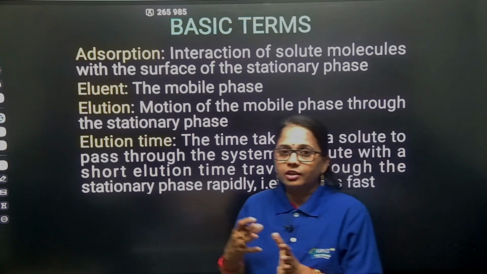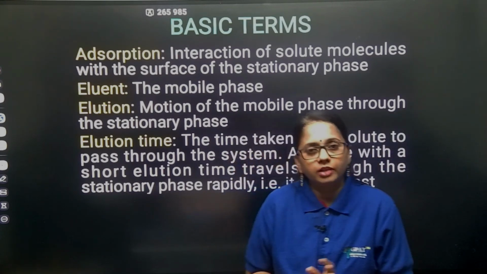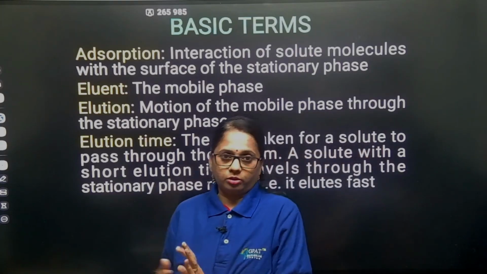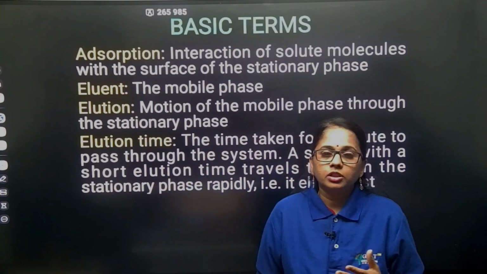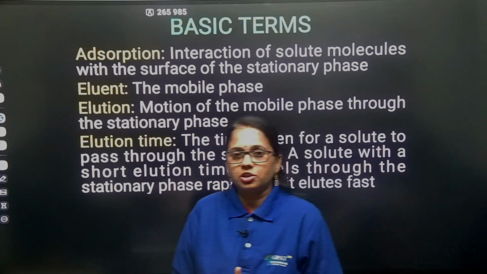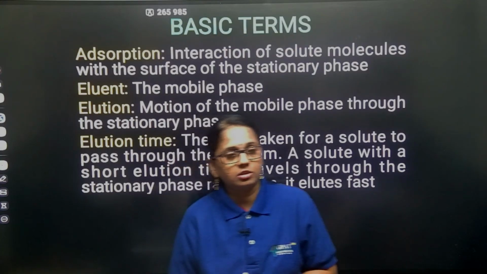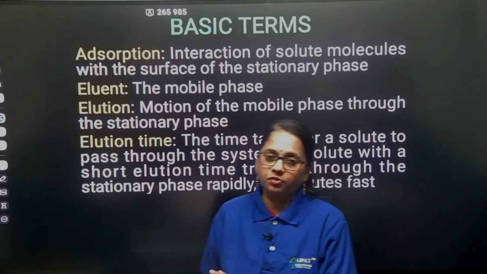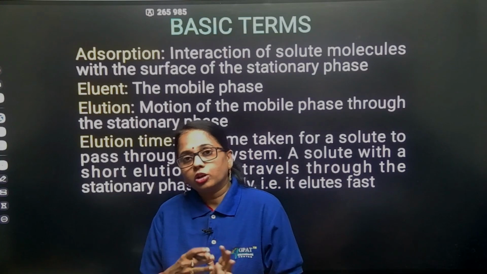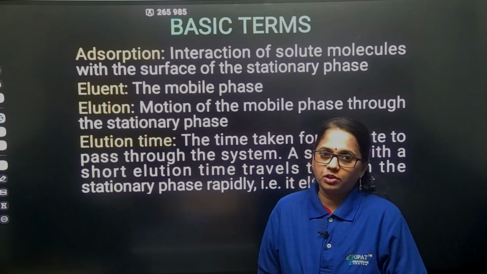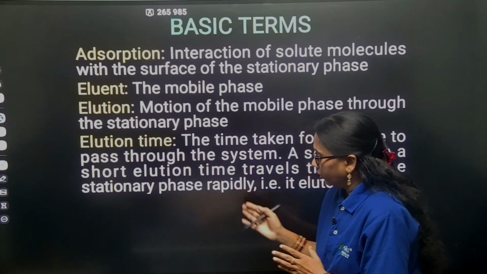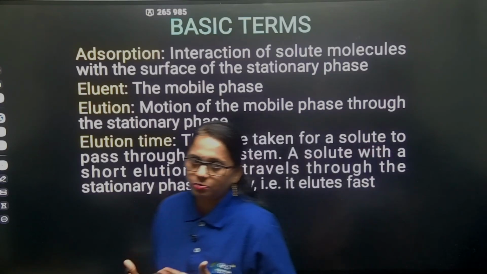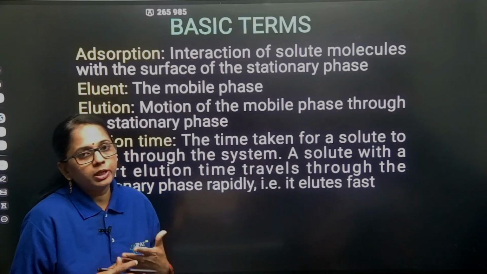So if there are interactions, then the retention could be more. If the solute is not relevant to the stationary phase, if the nature of the solute is different from that of the stationary phase, then it is not going to be retained on the stationary phase, okay. So in such cases the elution could be very fast.